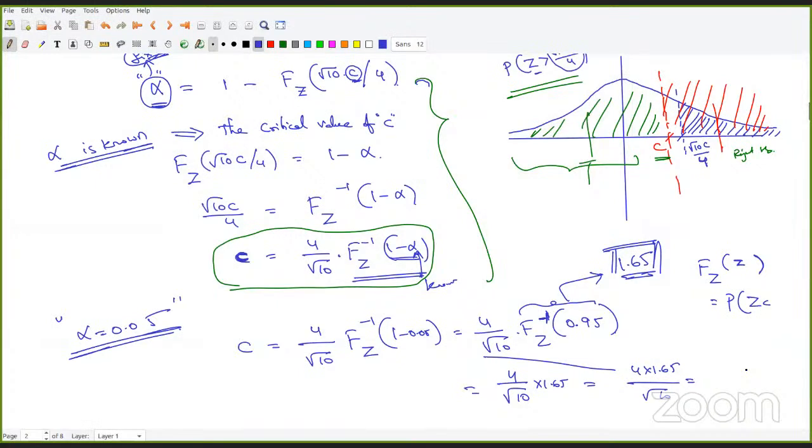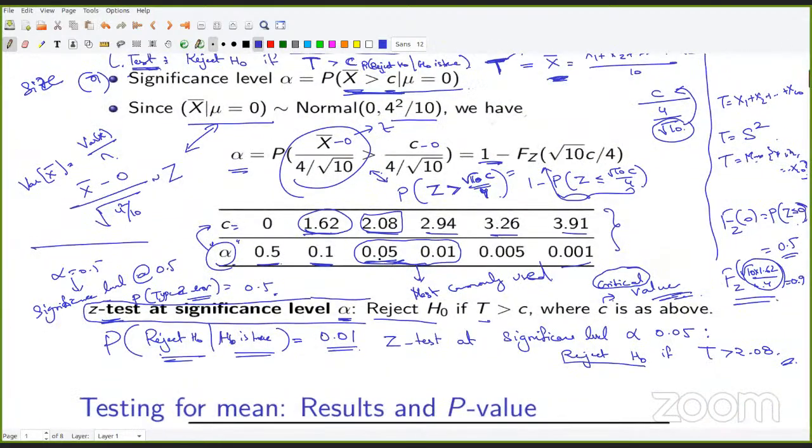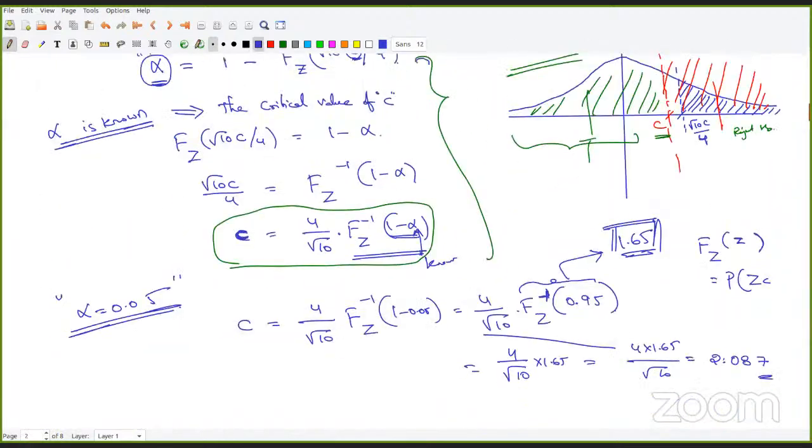This value is somewhere around 2.087. If you see just above, we have given you that: when alpha is 0.05, the C value is 2.08 for this case. So our computation is correct.